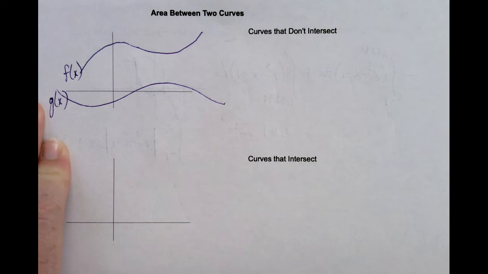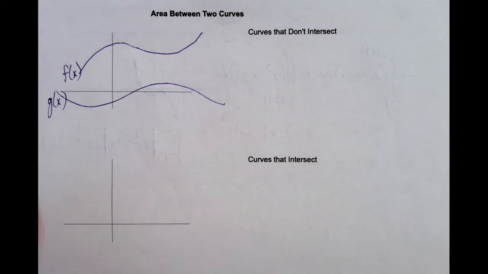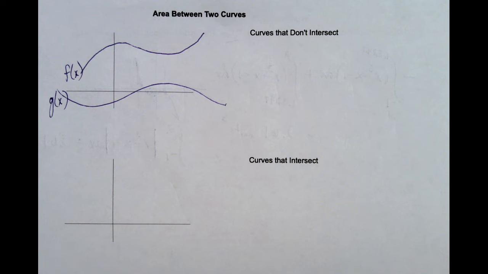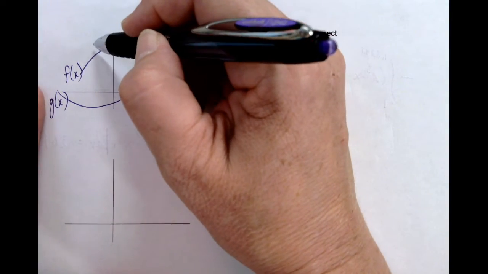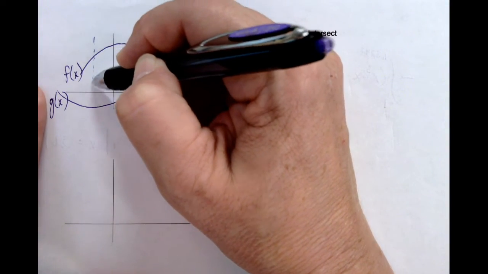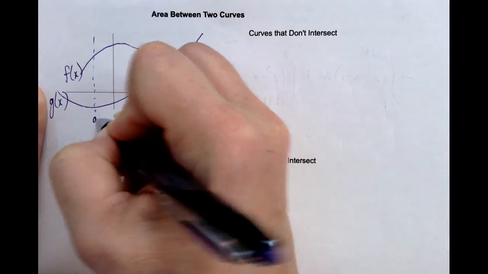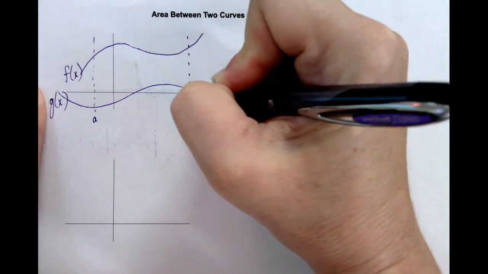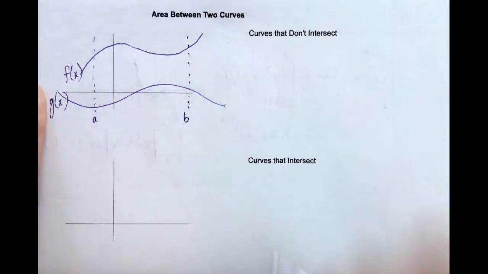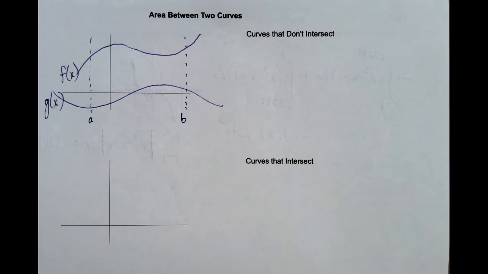I literally just did scribbles. But clearly one function is above the other function. And I want to find the area from A to B. Don't know what those values are.